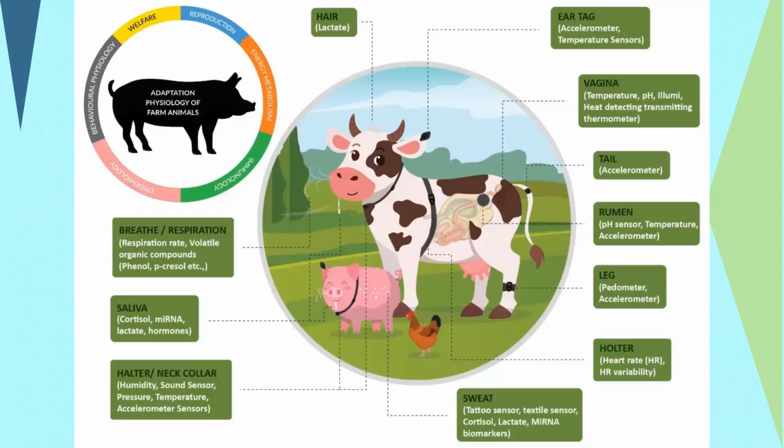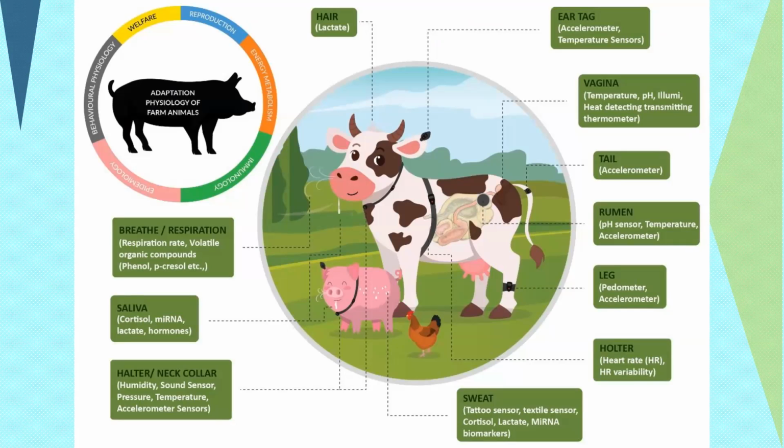So whenever an animal, poultry or swine ingests toxicants, the toxicants may be distributed or metabolized throughout its entire body, and the metabolites may be present in hair, especially the rumen, then the sweat, and also the saliva.